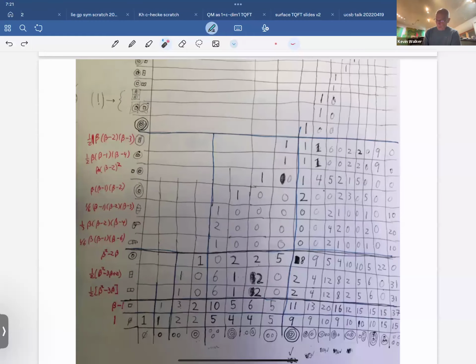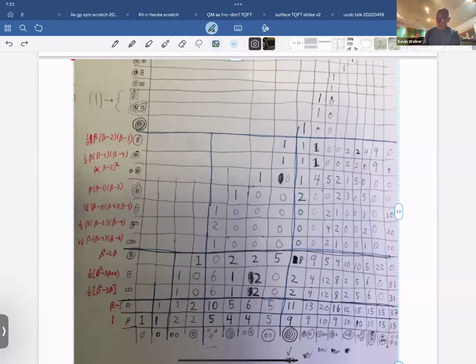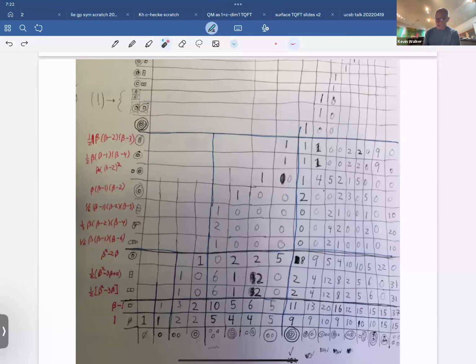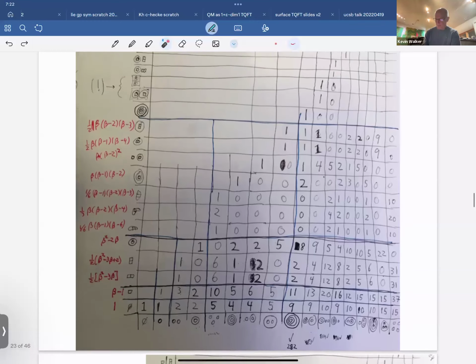So for example, if we look at the maps from two unnested circles to itself, we know that the total dimension should be 15 because that's how many partitions there are. And for this configuration, there's no restrictions. And indeed, 1 squared plus 1 squared plus the dot product of this column with itself is indeed 15. And if we take the dot product of two things here, then we'll get that capital D number for the corresponding tree.